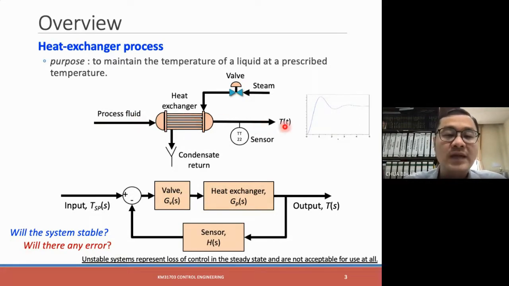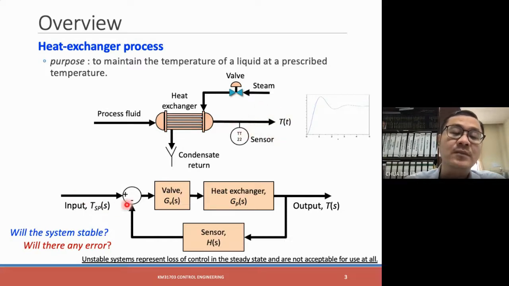So what we can express here in the form of a block diagram or control system is the input, which is our original temperature, the temperature before, and then what we would like to have is the temperature after. So before and after. This is what we would like to control.